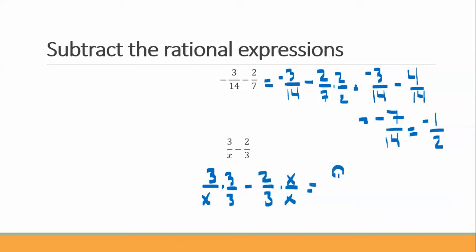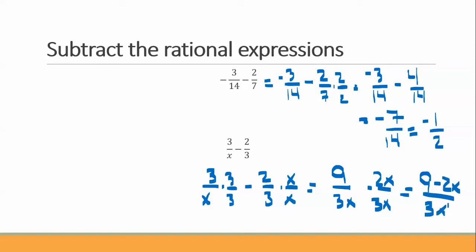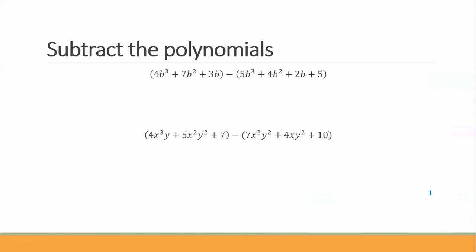So that's 9 over 3x minus 2x over 3x. Since the denominators are the same, we can combine the numerators. That becomes 9 minus 2x over 3x. The 9 and the 2x are not like terms, so we cannot combine them. It's just 9 minus 2x.